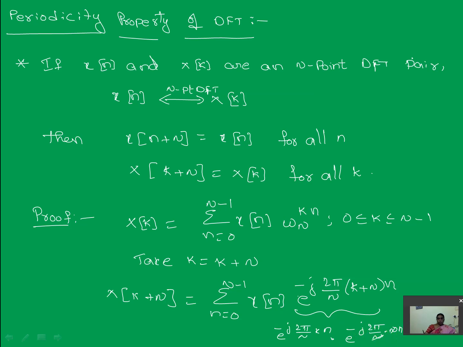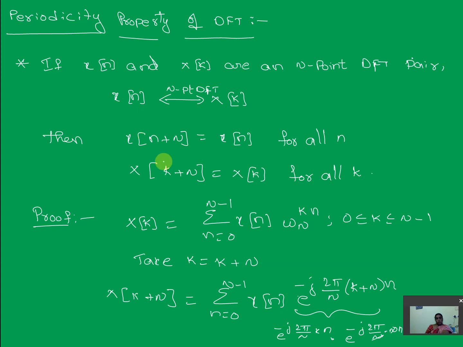Now e power minus j 2 pi n is cos 2 pi n minus j sin 2 pi n. For n an integer, that value is equal to 1, since cos 2 pi n is always 1 and sin 2 pi n is 0. The remaining part is e power minus j 2 pi by N kn.